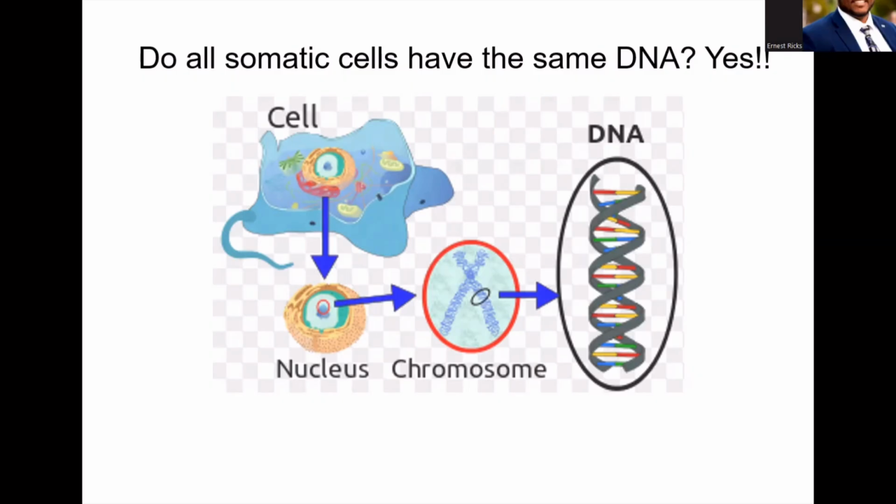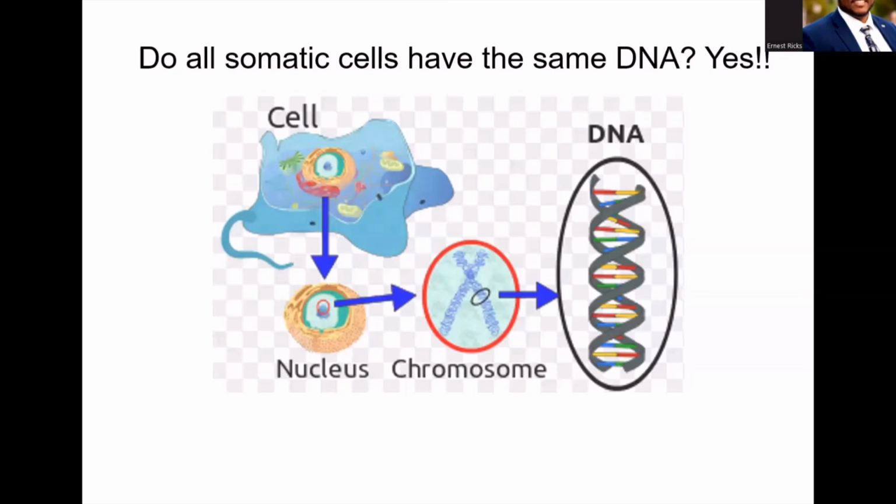So all these somatic cells have the same DNA. Now, the question is, why is my eye different from my gut? Or why is the heart different from the liver? If they all have the same exact DNA, why is everything so different?